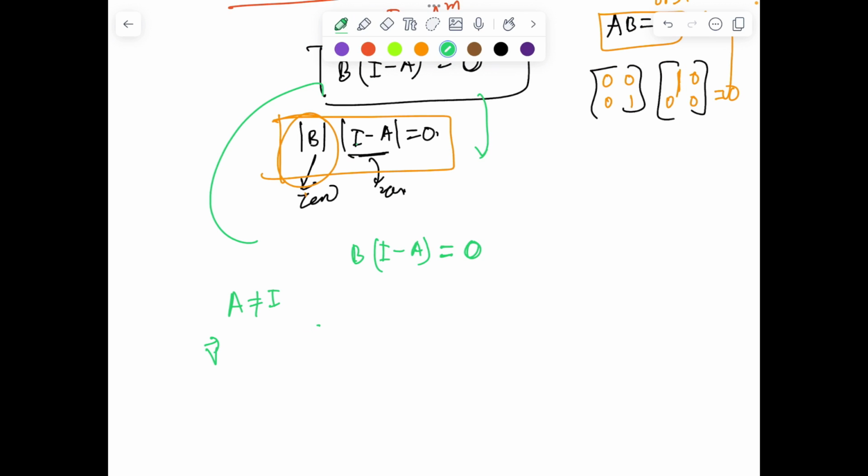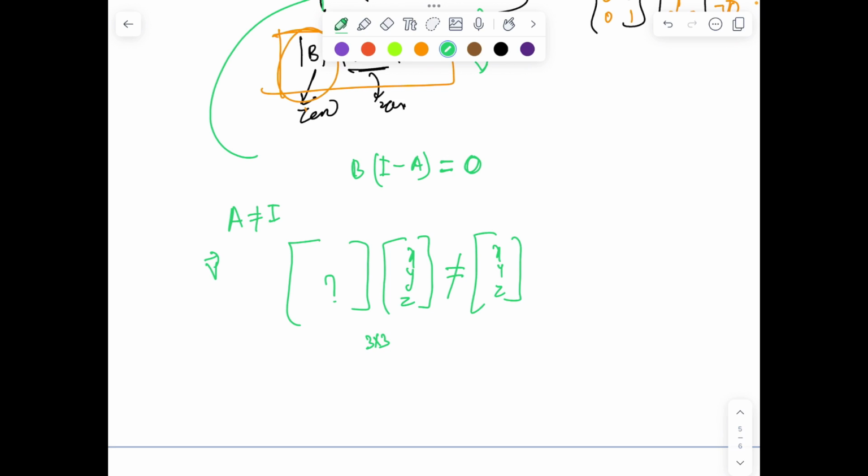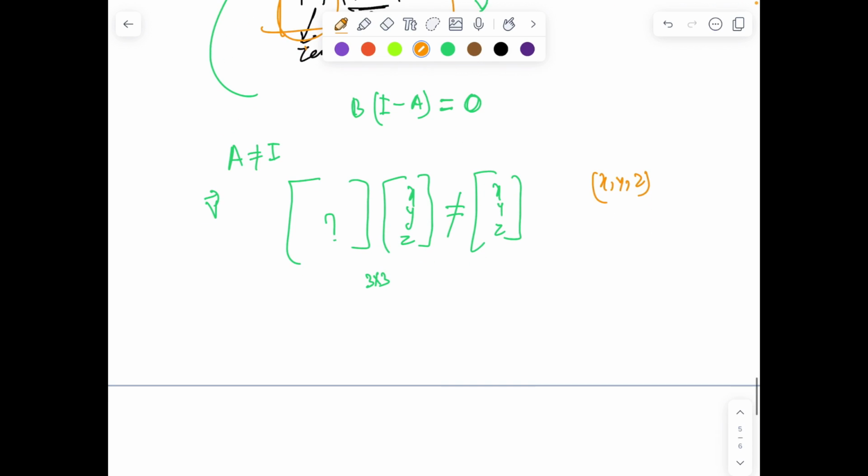So I can tell there is a vector, or I can tell in this way, let's say we have this 3 cross 3 matrix A. So there are some numbers x, y, z such that A times this is not x, y, z, right? Because A is not an identity matrix. So if A were identity, then identity times x, y, z will be x, y, z. So I hope this is clear, right? So there is existence of a vector x, y, z such that when it reacts with matrix A, it will produce something which is not x, y, z.